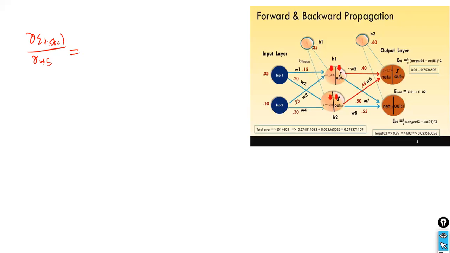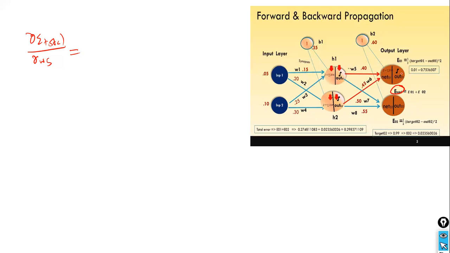So in this case, the partial derivative of E total with respect to W5 is also the gradient with respect to W5. By applying the chain rule, let me tell you one simple thing. This is your total, and how did you get this total? Because of applying the activation function.